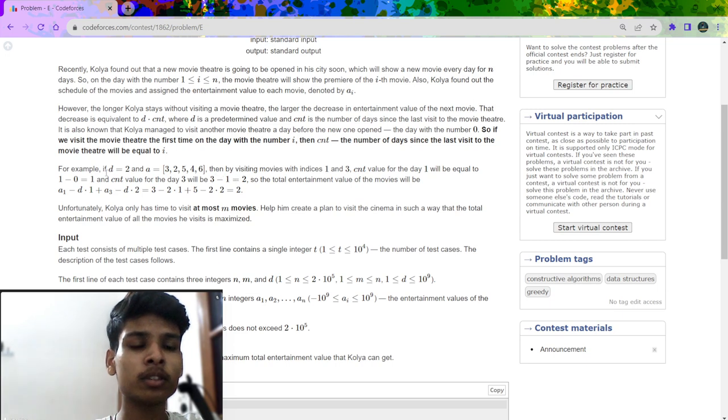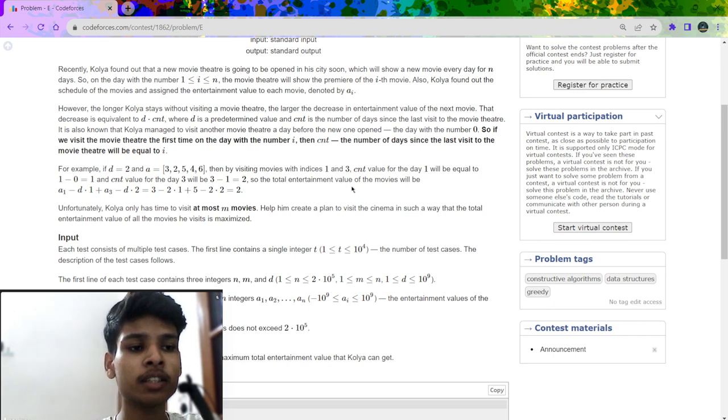If she visits the movie on index 1 and index 3, then initially, if she hasn't watched any movie from the start of the array, the first movie she watches will contribute just its own value, a[i1], or the ith value, whatever it will be.